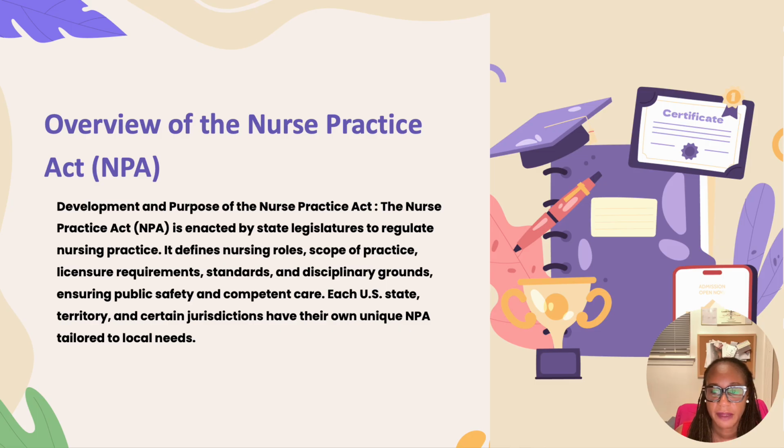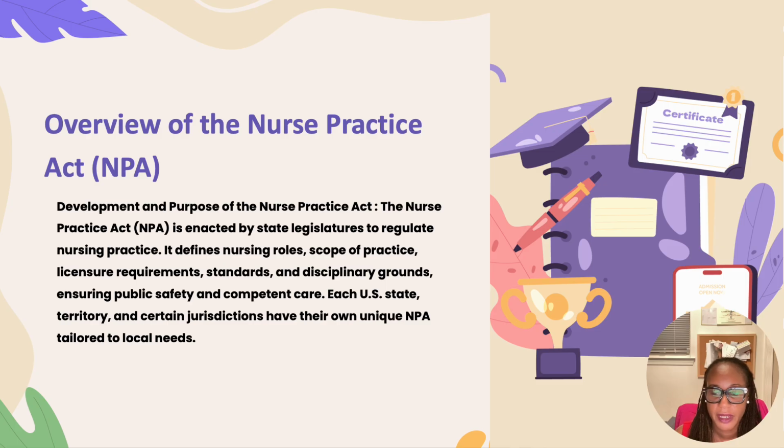What key elements or information can be found in the Nurse Practice Act? Some key elements typically include definitions of nurses' roles, such as the RN, LPN or LVN, and APRN. The scope of practice for each type of nurse is also information that can be found in the Nurse Practice Act.